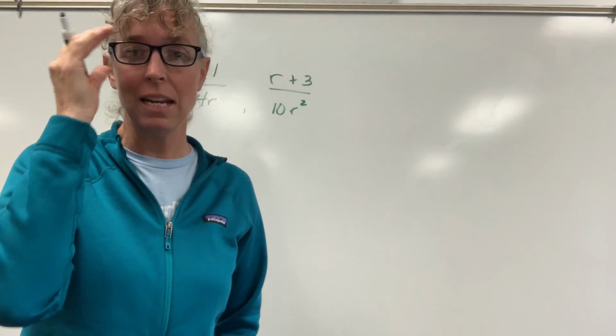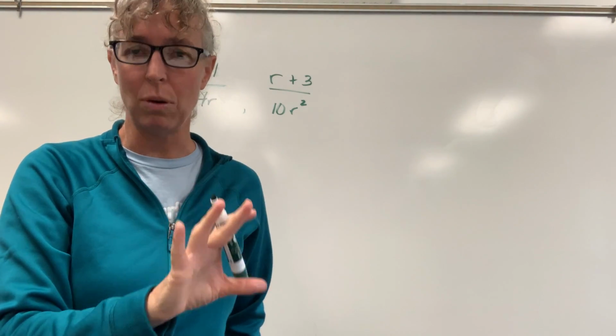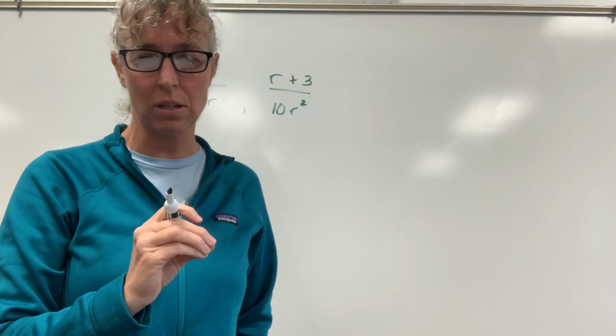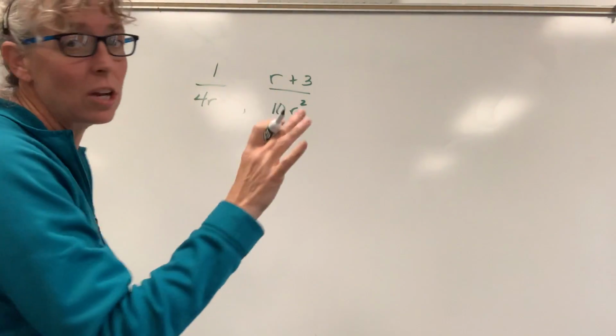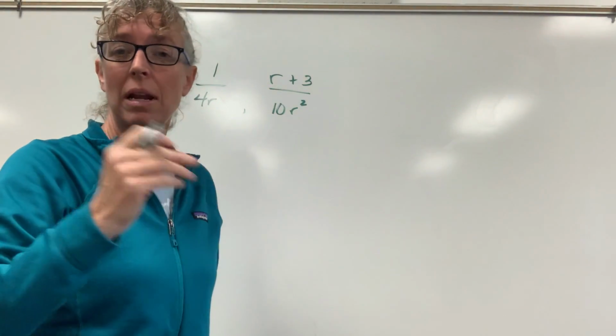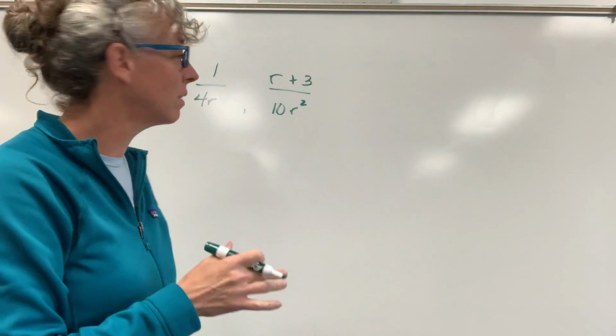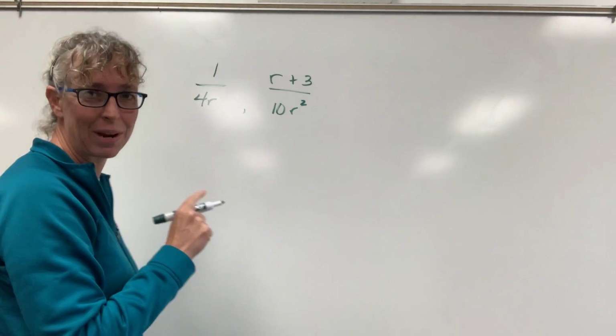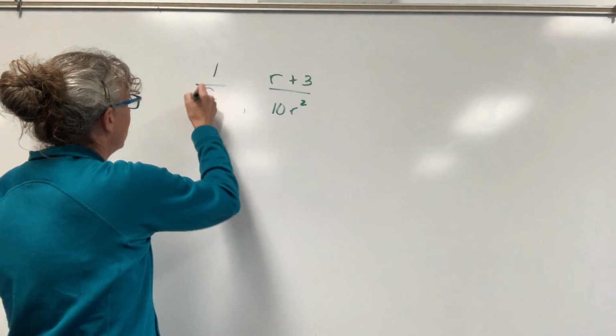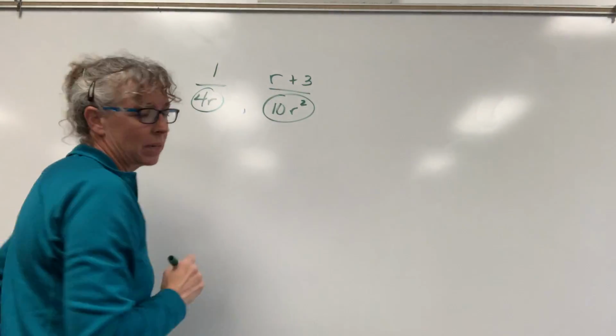So we're not actually adding or subtracting anything in this example. We're just learning how to find the least common denominator. I'll show you how to do it the longhand way, but as we do more of them, you might be able to tell what it is right away. So what we're going to do is break down each of these bottom denominators.